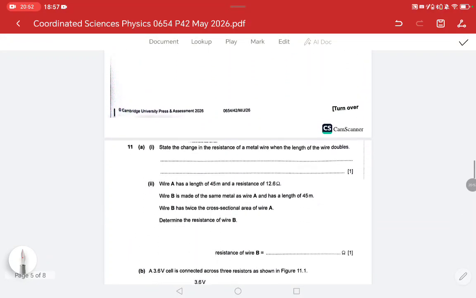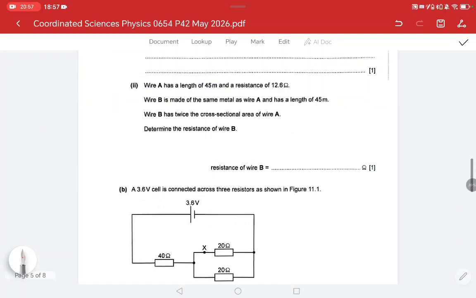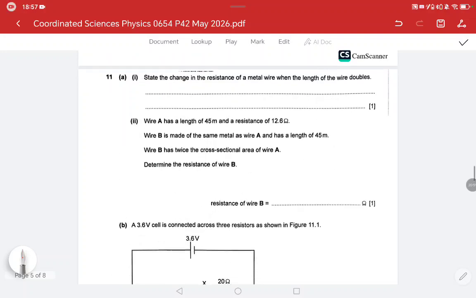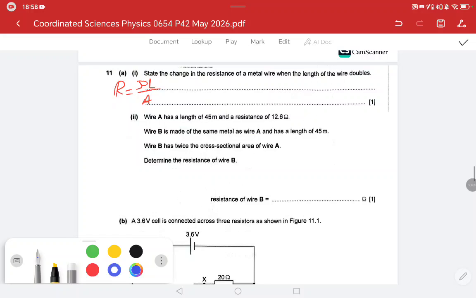Question 11, electricity. State the change in the resistance of a metal wire when the length of the wire doubles. In the revision we mentioned the factors affecting the resistance, in the formula R equals rho L over A. Mainly we talk about L and A because we have the same wire, so rho will be the same.